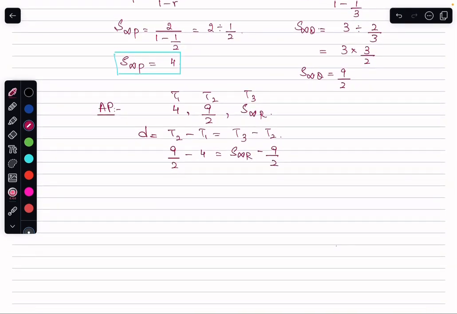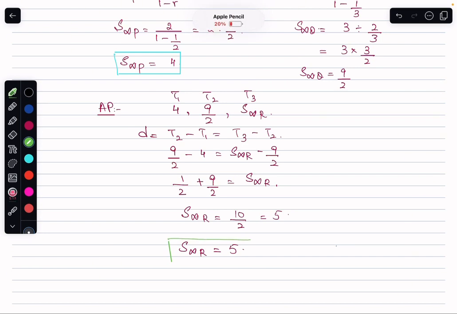So 9 by 2 minus 4 is going to be 1 by 2, and this then shall be equal to, let's bring the negative 9 by 2 to the left side so that this becomes plus 9 by 2, the sum to infinity for R, which shall be equal to 10 by 2, or this is equal to 5. So the sum to infinity for R, which is what the question was asking for, is equal to 5.